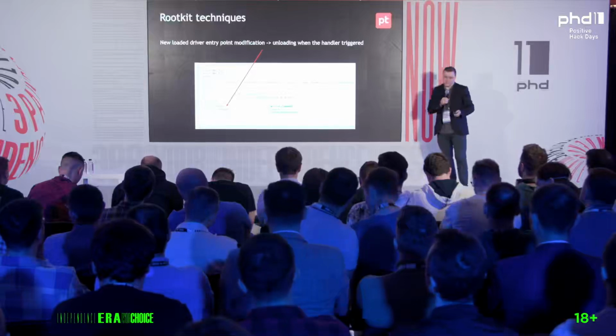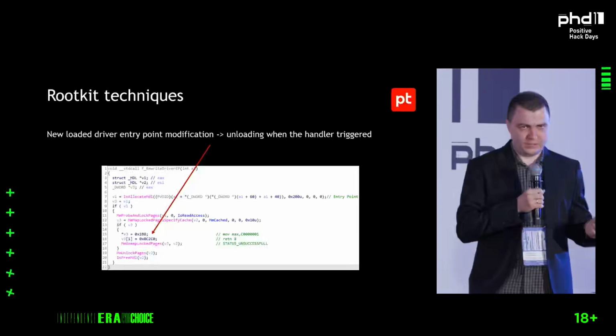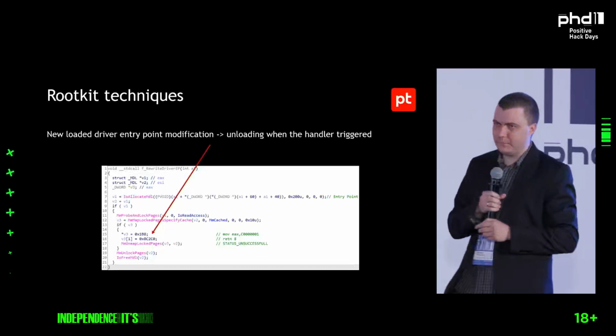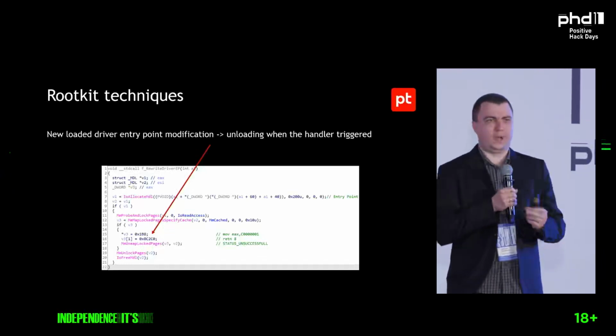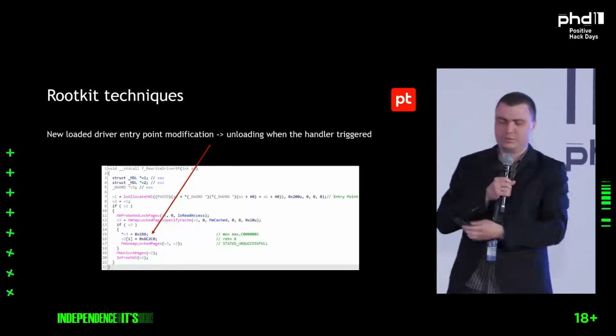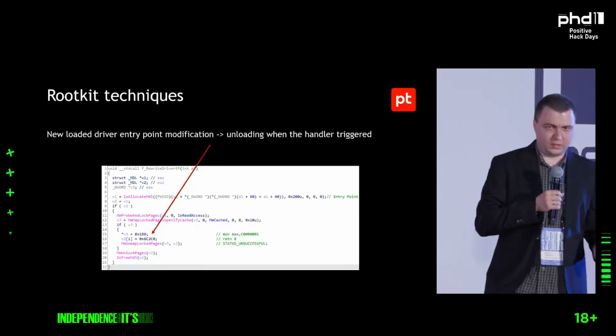And there are naturally more advanced cases for rootkits. How about this? You can see that a new driver is being uploaded, and then you can find its entry point. And in the entry point, you can write several bytes. I'm showing this in the green section.